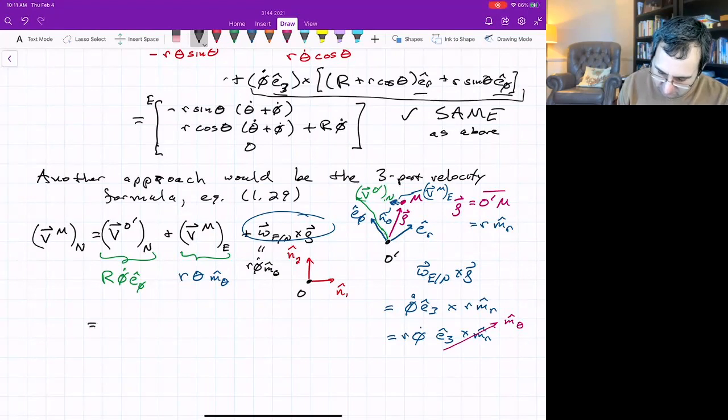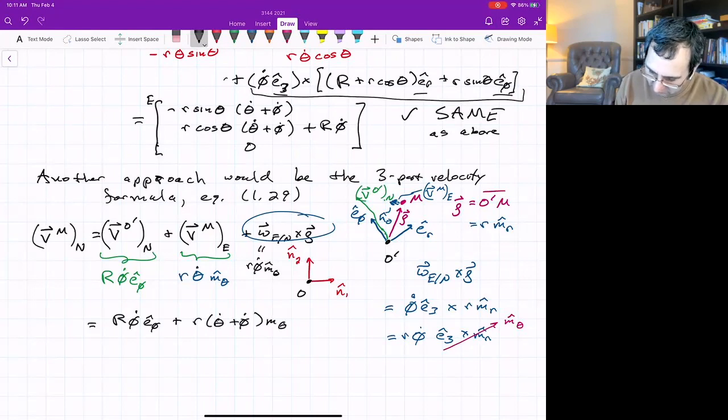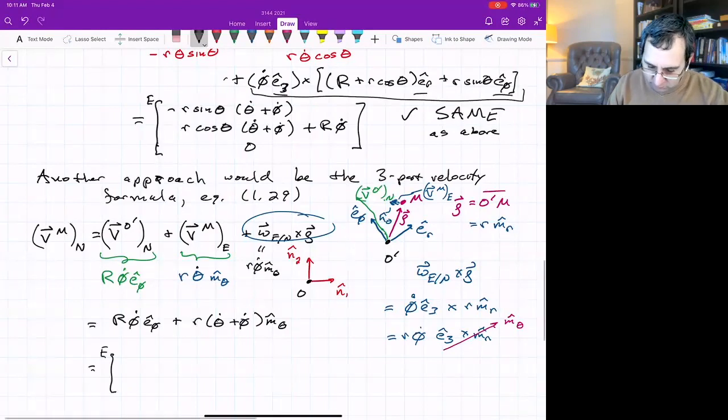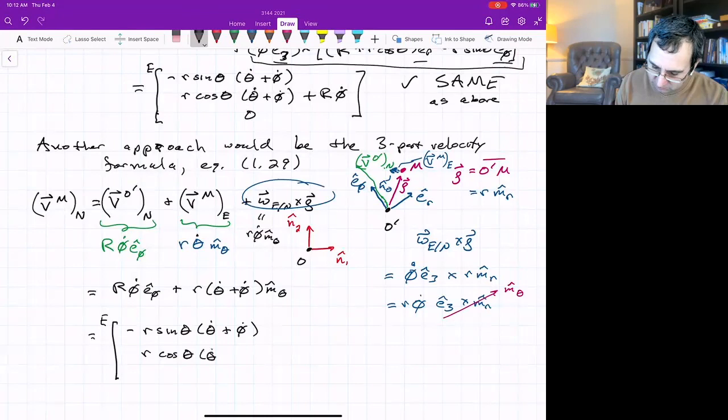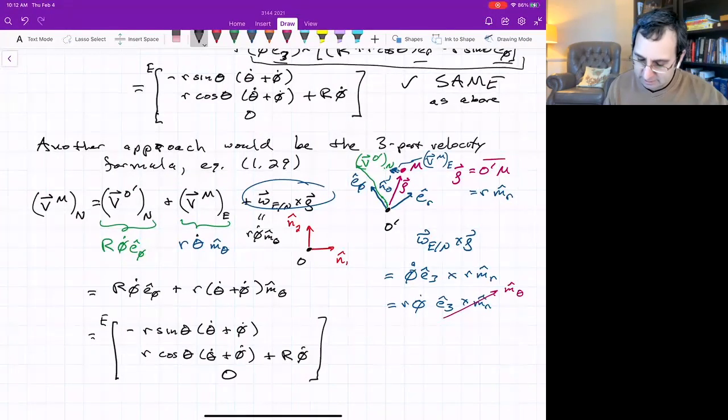Okay, collecting terms, what do I get? R phi dot E phi plus R theta dot plus phi dot M theta. And so now we're back to a formula we had before, and if we were to write it in the E frame components completely, we will get the same thing. And so the cosmos holds together and math works. So that's nice. All right.